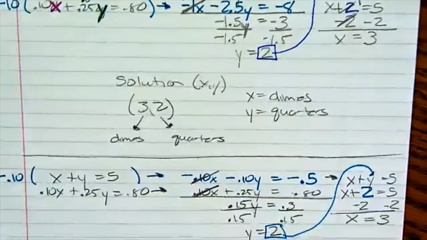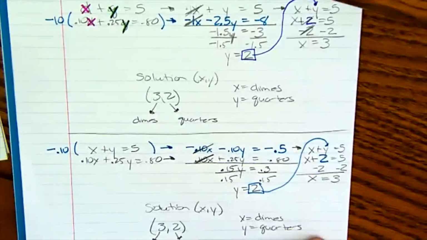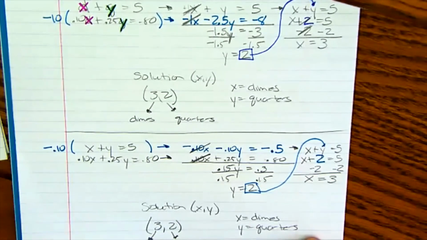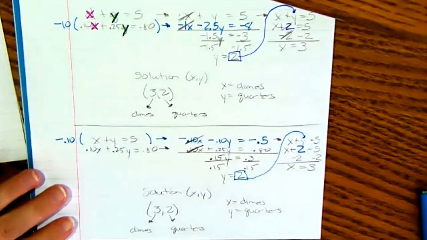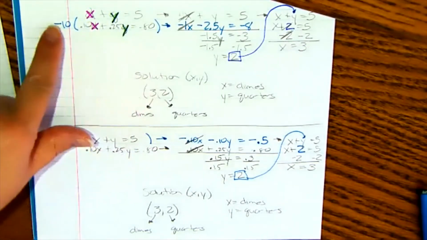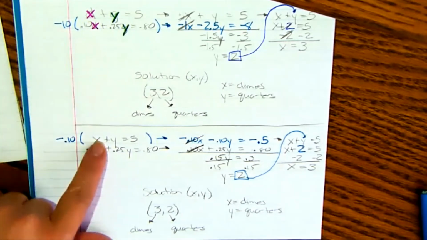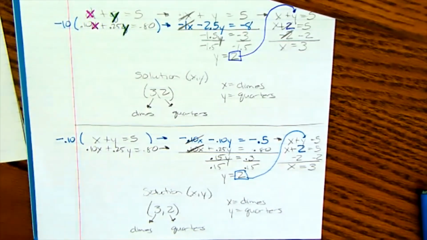Okay, so let's go ahead and take a look at that. There we go. So it didn't matter if I multiplied the bottom equation by negative 10 or the top equation by negative 0.10.